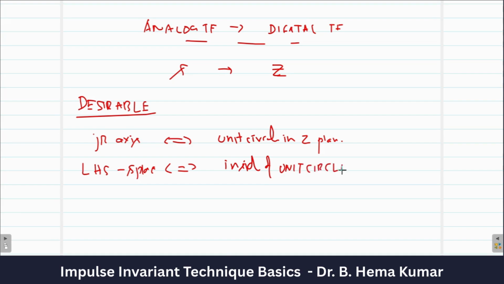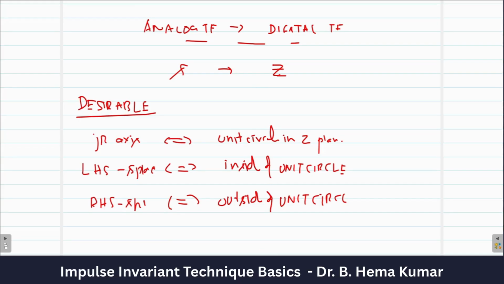Similarly, the right hand side of the S plane should map onto the outside of the unit circle. These conditions have to be matched. Then only there will be a perfect transformation from the S domain to the Z domain.